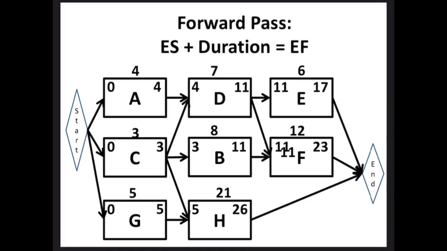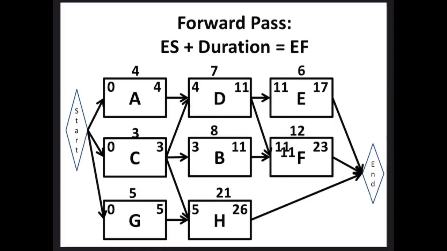Let's move to our tricky activity H as in Harry that a few of you got tripped up on. So going forward, we're taking the bigger number. What does that mean? That means we have two predecessors that are needed to finish before H can start. H needs both C and G to finish before it can start.